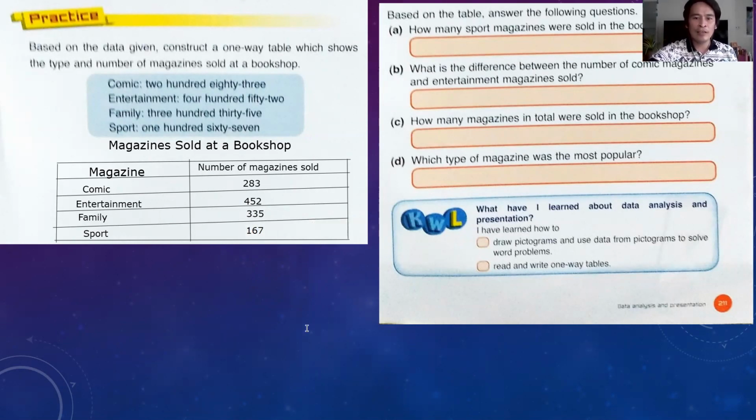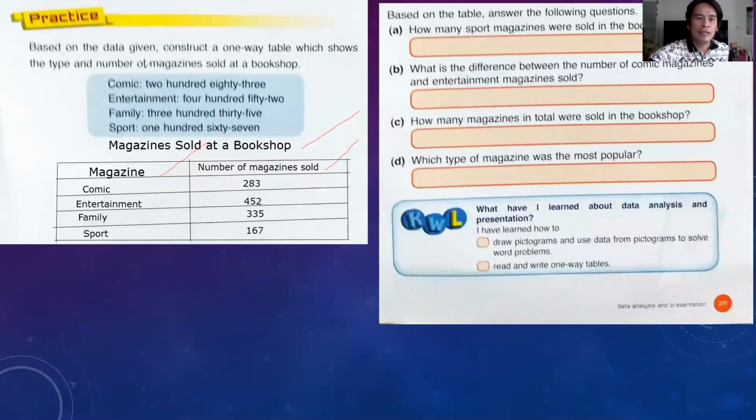So we're going to check your work. Okay, you check like this one, colored like this. First, there should be a title, 1 point. Second, there should be the label of the first column, magazine. And the label of the second column, number of magazines sold.